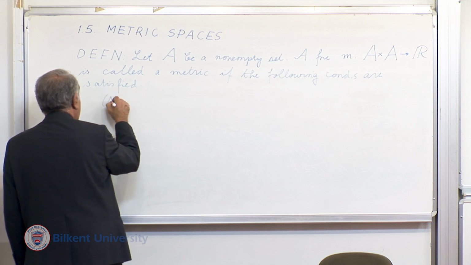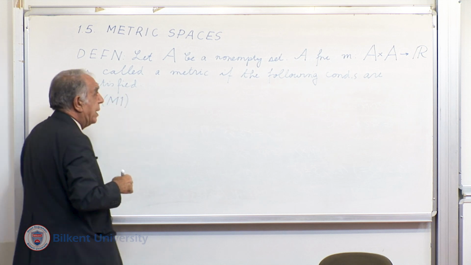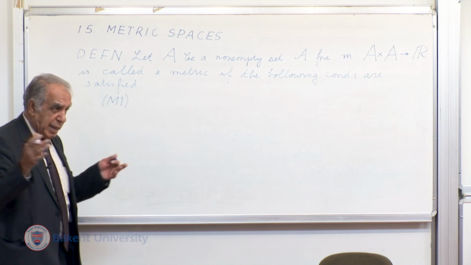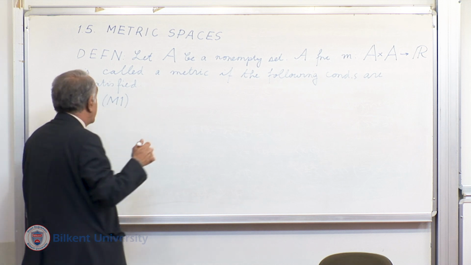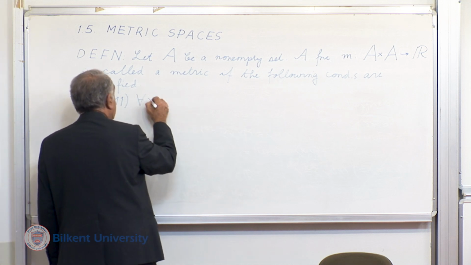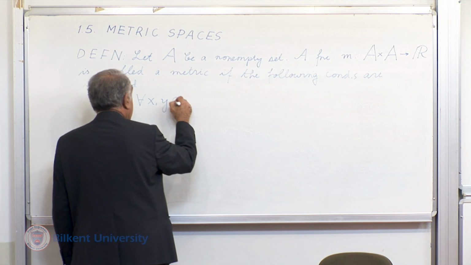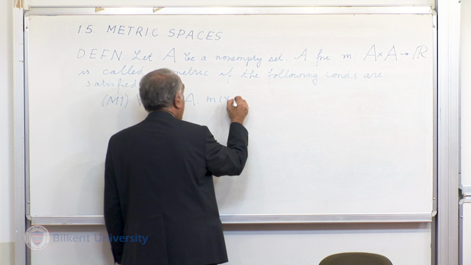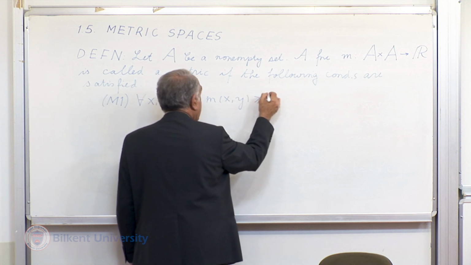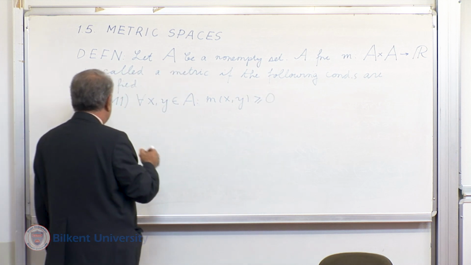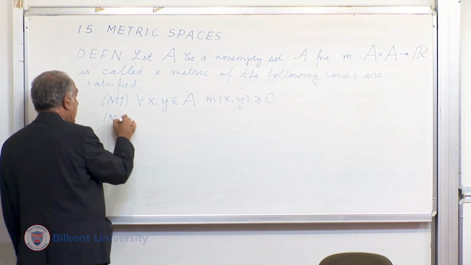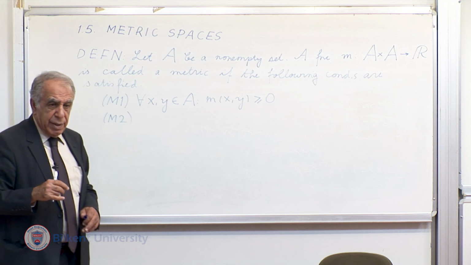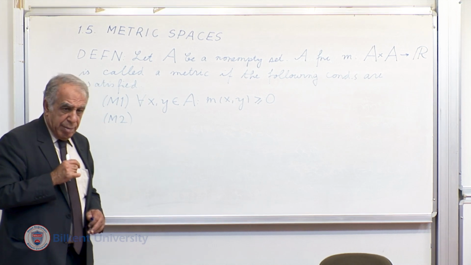So M1, well, that was the distance between 2 points, x, y, that was larger than or equal to 0. So we'll have that here as well. For all x, y in A, M(x,y) is larger than or equal to 0. The second condition dealt with when this M(x,y) was 0. Well, that was a biconditional.